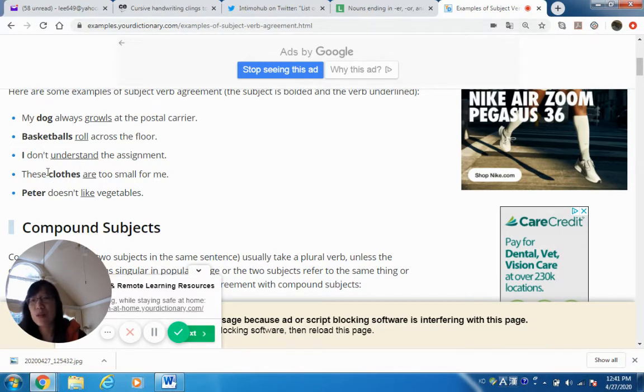These clothes. Now, cloth is singular. Clothes is plural. That's why you say these clothes are, not is. Clothes are too small for me. Because the clothes are plural, you need these. These clothes are too small.